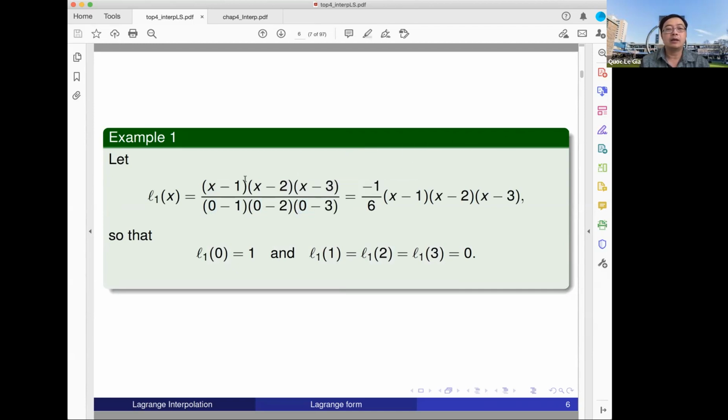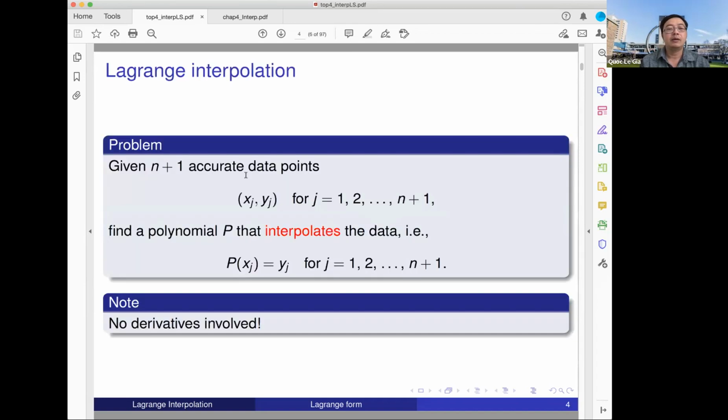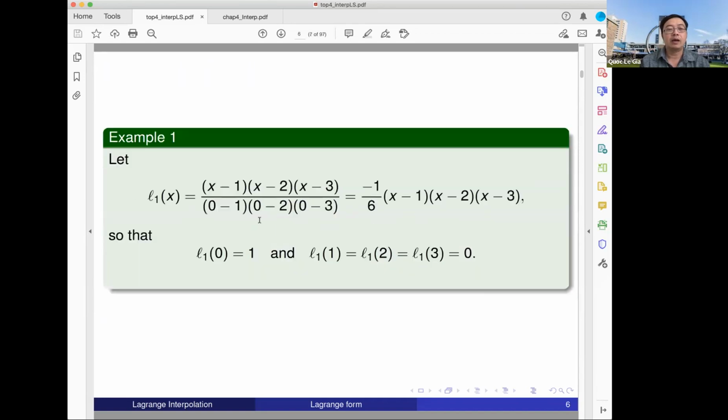The numerator again: you take x minus every point except the first point, and you multiply it. Remember you have x equals 0, x equals 1, x equals 2, and x equals 3, right? Here you ignore the first point, x equals 0.